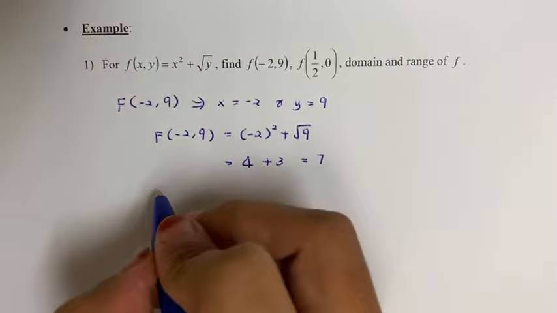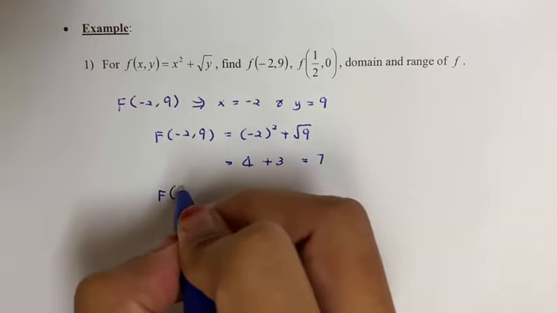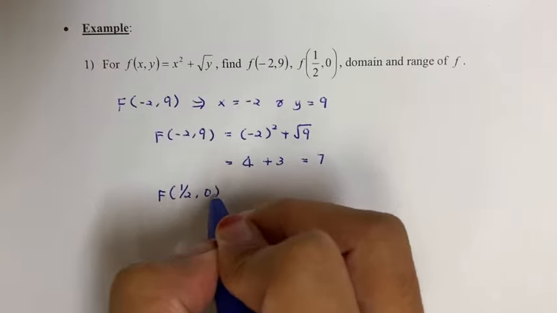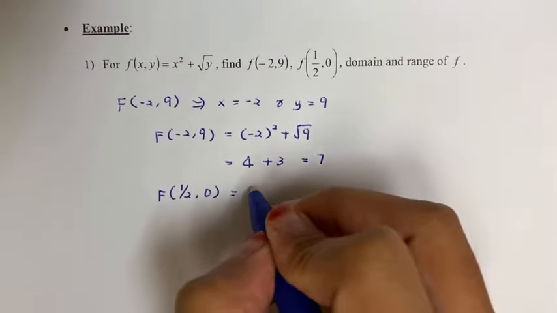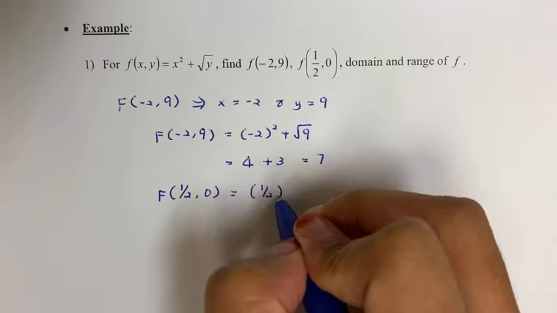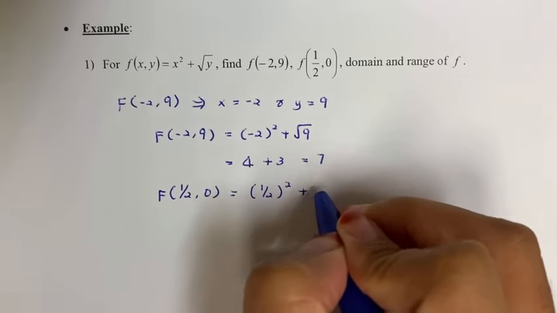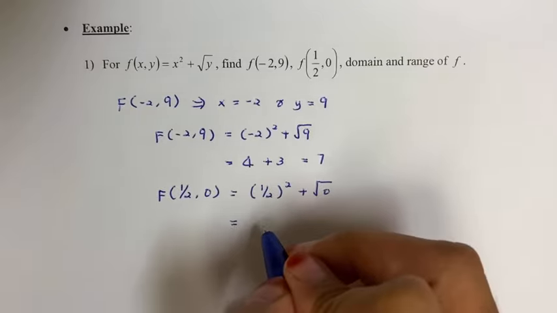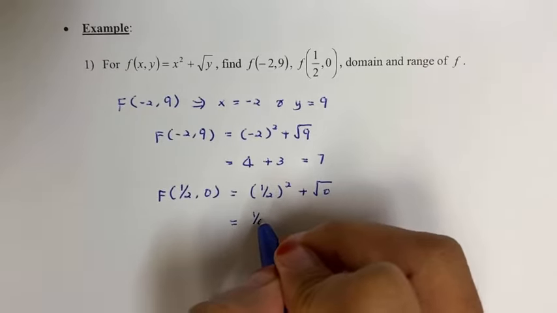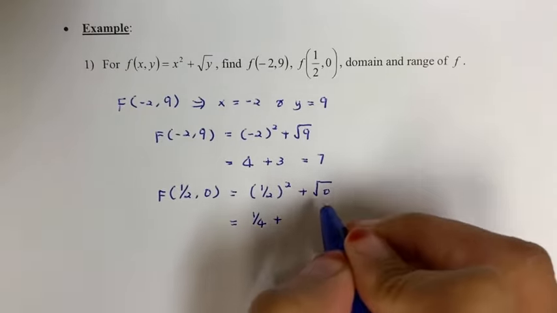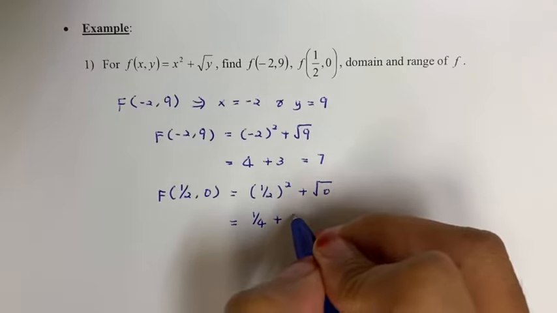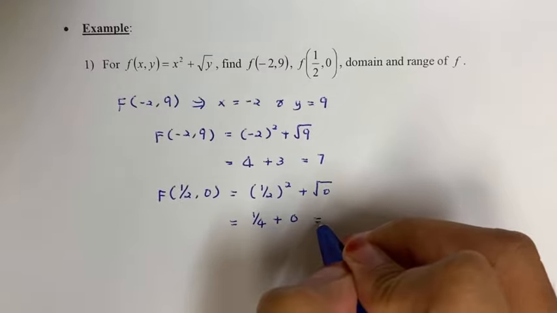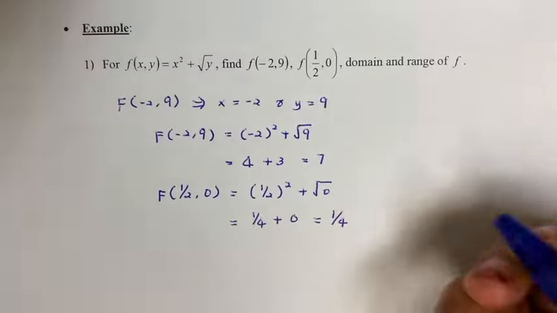Next, move to f(1/2, 0). Substitute x with 1/2: (1/2)² + √0. The square of 1/2 is 1/4, and √0 is 0. So for this one, you have 1/4.